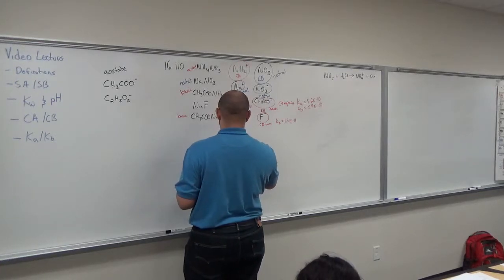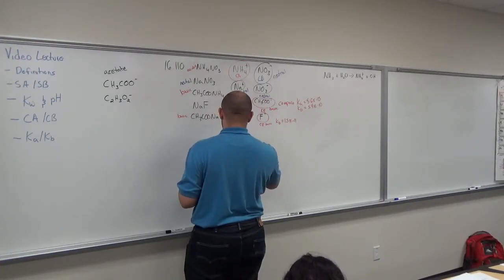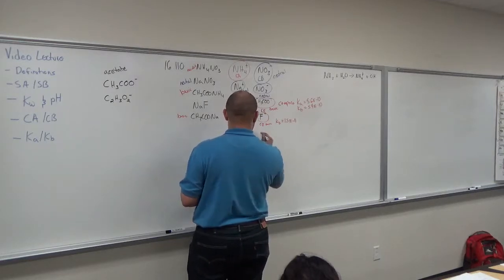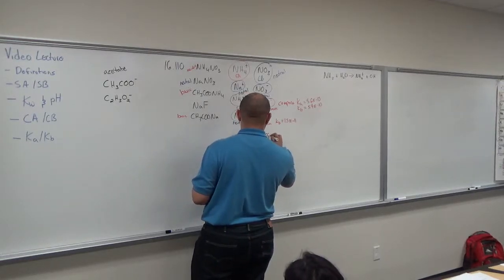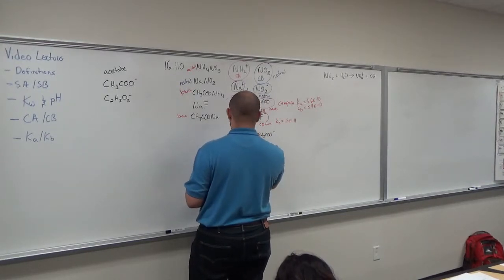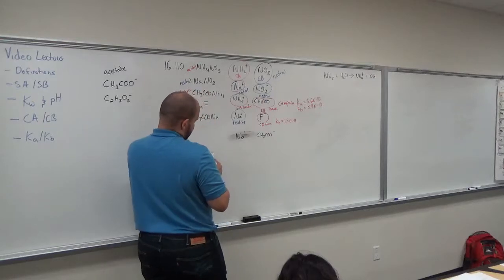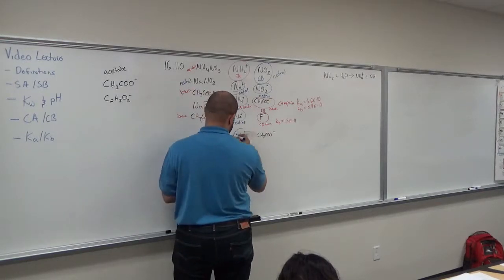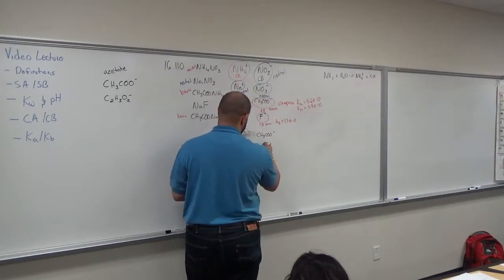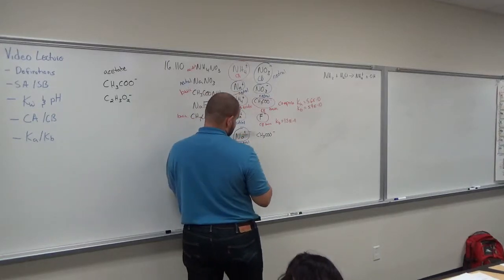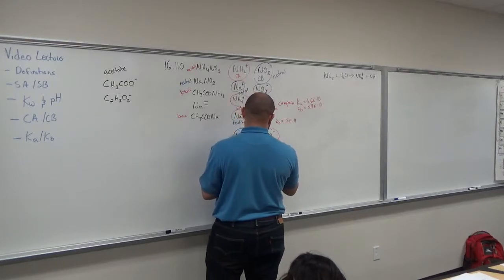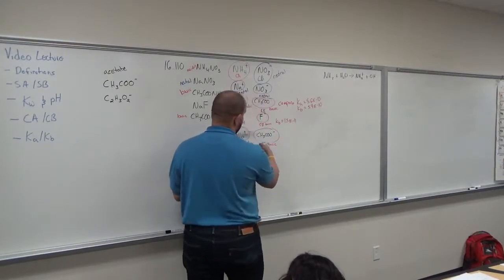I love this question. You might see one like this. CH3COO minus and Na plus. We know sodium is neutral. And we know acetate is basic because it is the conjugate base of a weak acid.